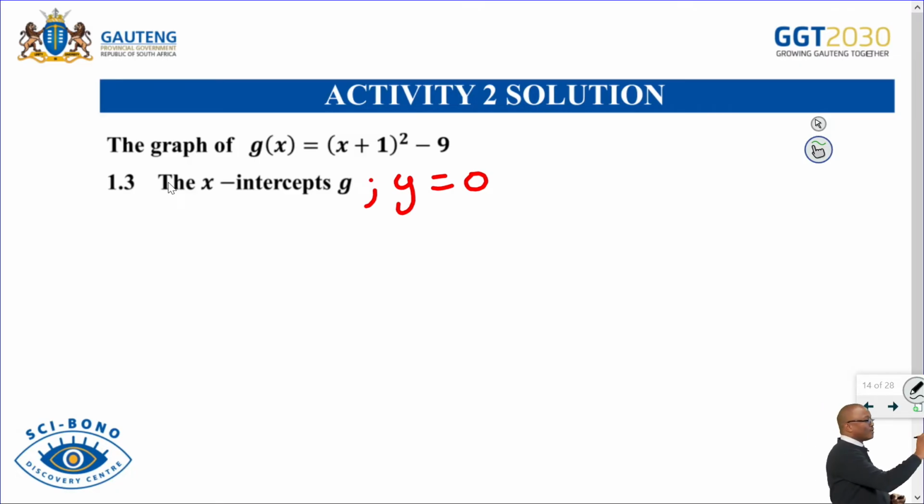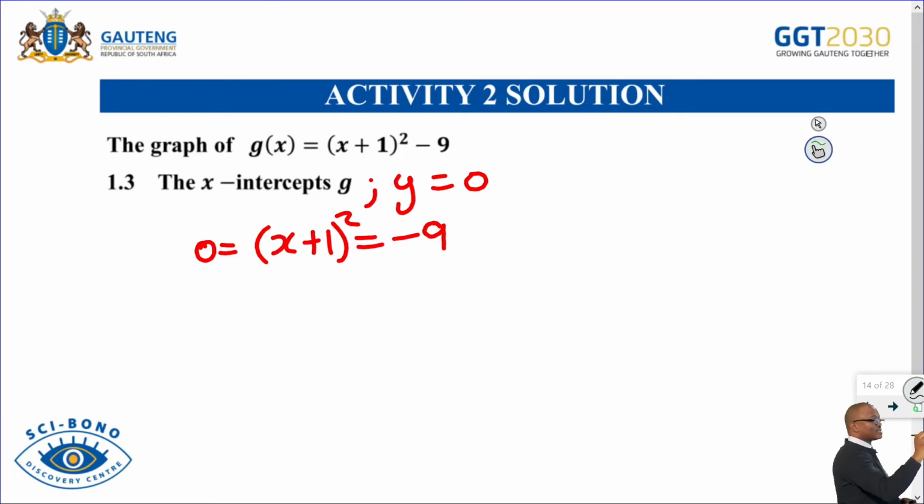Remember, we have to equate it to 0, and we're going to have (x plus 1) squared minus 9 equal to 0. Interesting one. It is -9, equal to 0.